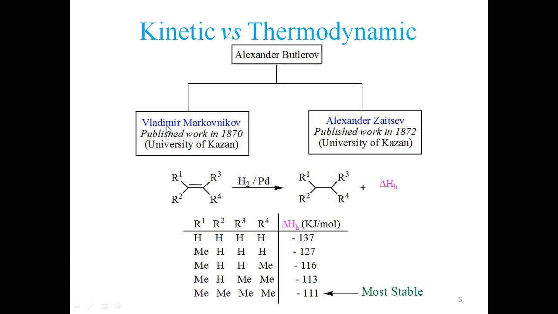So Vladimir Markovnikov, this is the original spelling of the Russian scientist. If any name ends with V after a vowel, it is always pronounced like F in the Russian language. He published his work in 1870 at the University of Kazan.